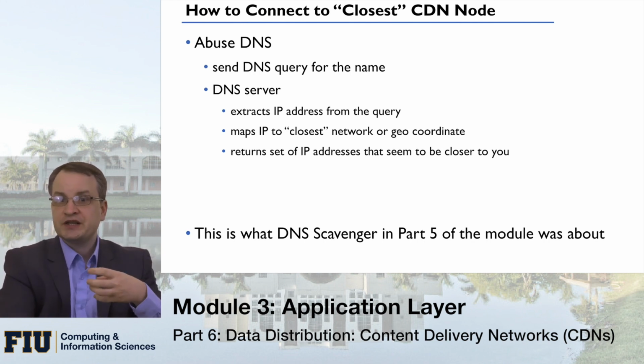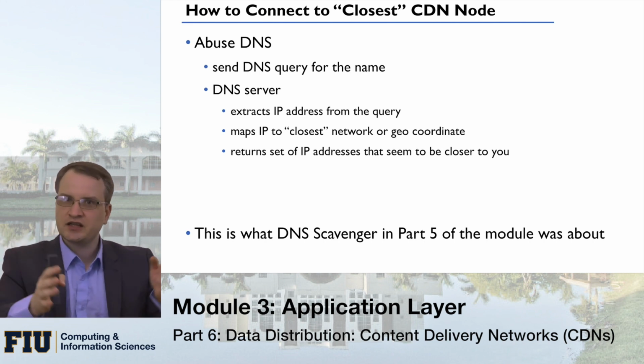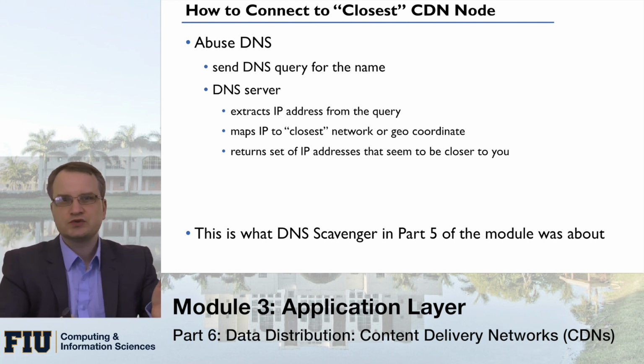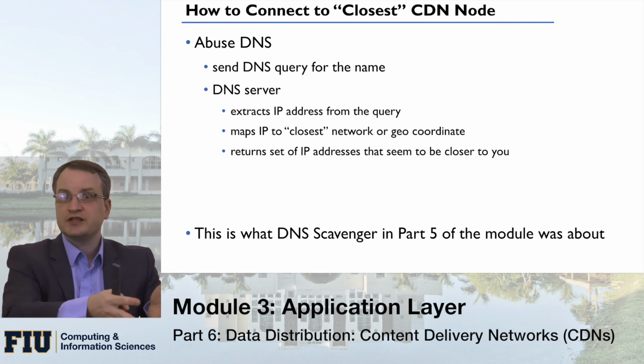With this source IP address, it will consult its internal database, which collects a lot of information about who is close to whom, and there are also third parties trying to do this inference. Again, it's not an exact science, but they can do a pretty good job of estimating how close you are to specific data centers. As soon as they have that estimation, they will give you targeted results.